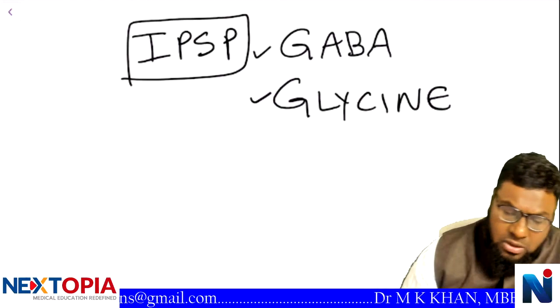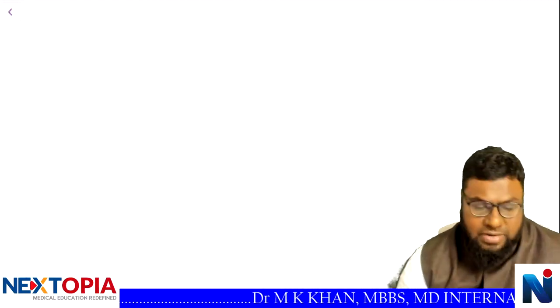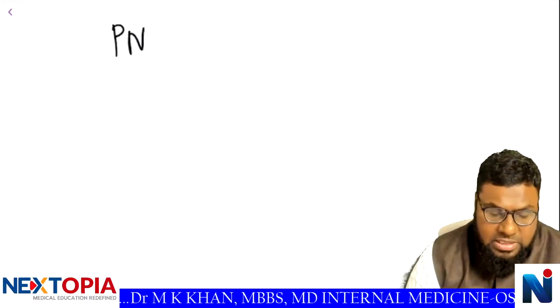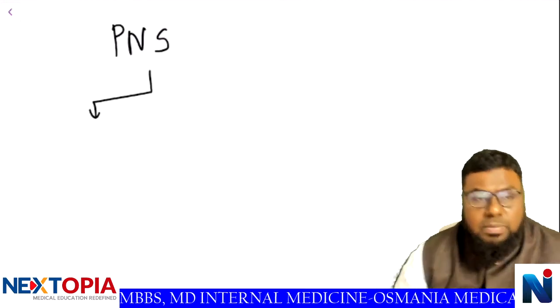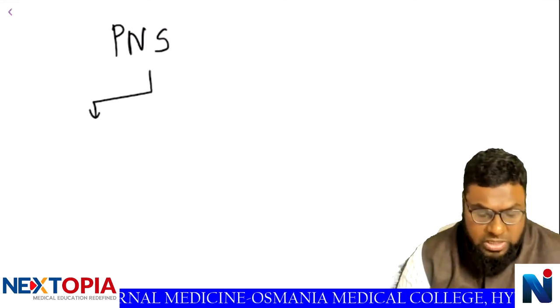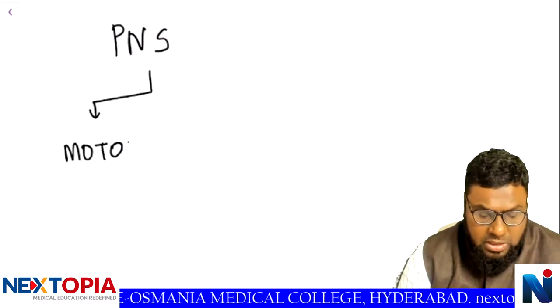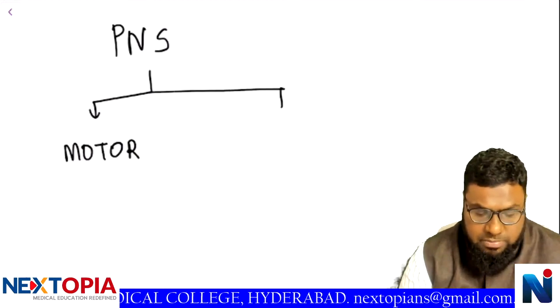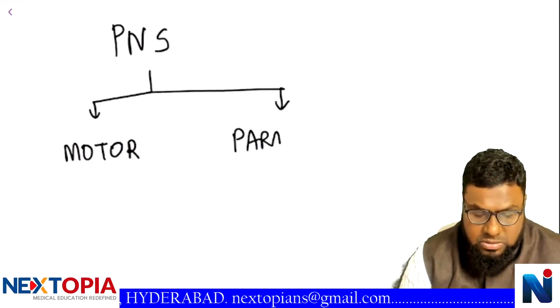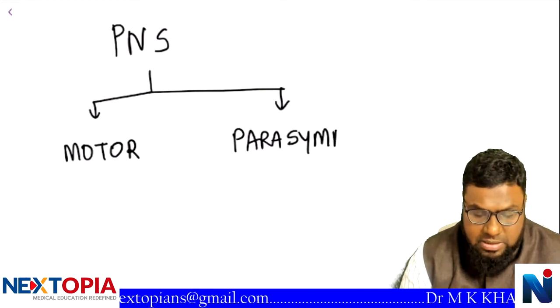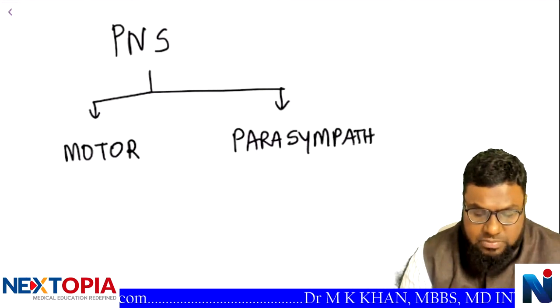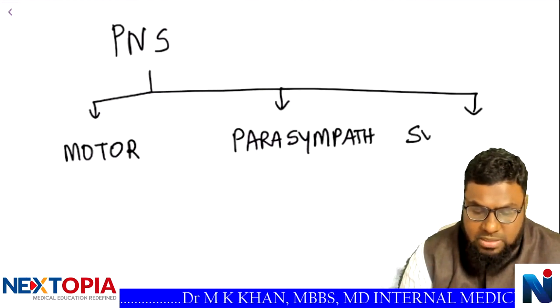Now let us try to understand what the peripheral nervous system is made up of. The peripheral nervous system has motor neurons, parasympathetic fibers and the sympathetic pathway.